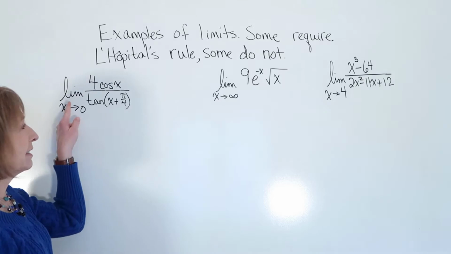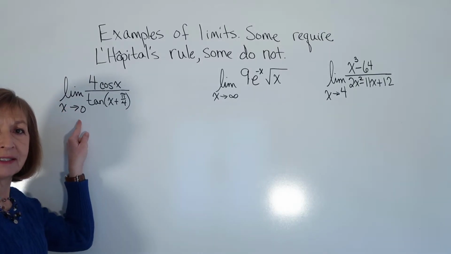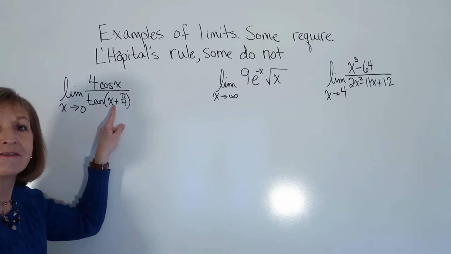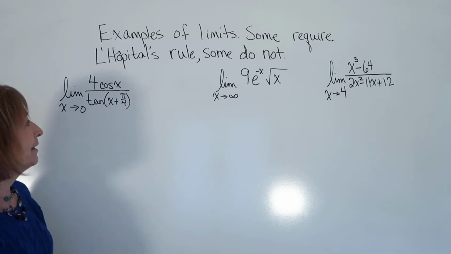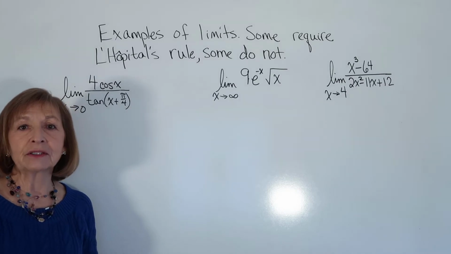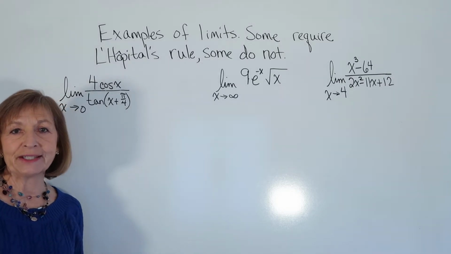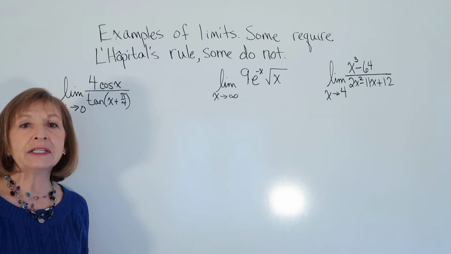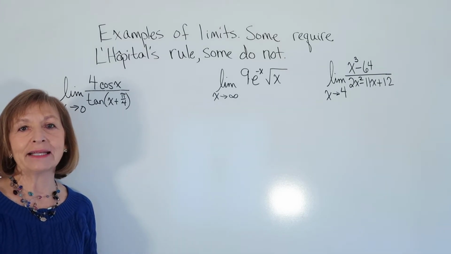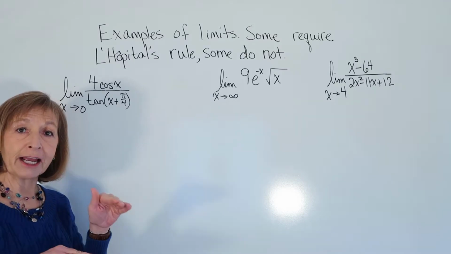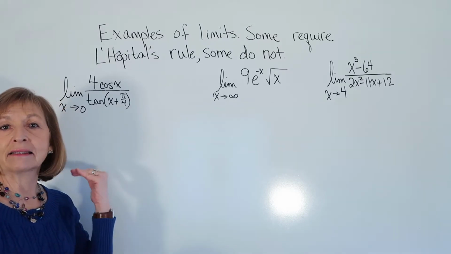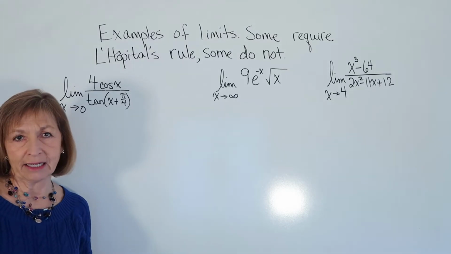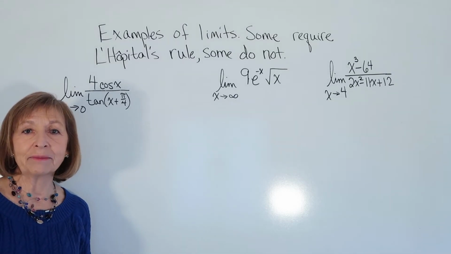So the first one is to find the limit as x approaches 0 of 4 times cosine x divided by tangent of x plus pi over 4. Now here what we want to do is look at the limit as x approaches 0 of the numerator and denominator individually, using that property of limits that the limit of a fraction can be written as the limit of the numerator divided by the limit of the denominator.